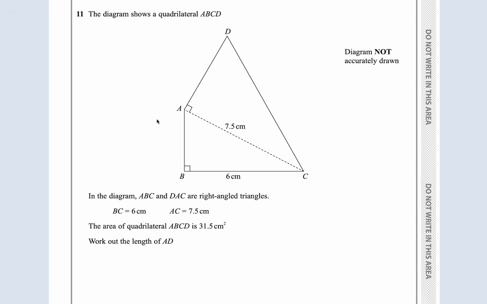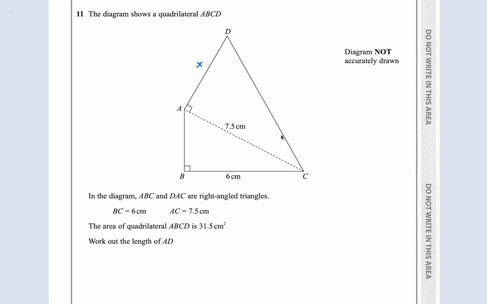Question 11. In the diagram, ABC and DAC are right angle triangles. The area of the quadrilateral is 31.5. That's the total thing. Work out the length of AD. This length here, right? Let's call it x, guys, just to simplify.